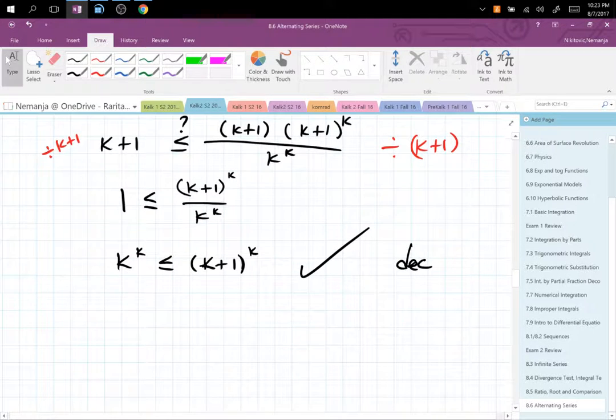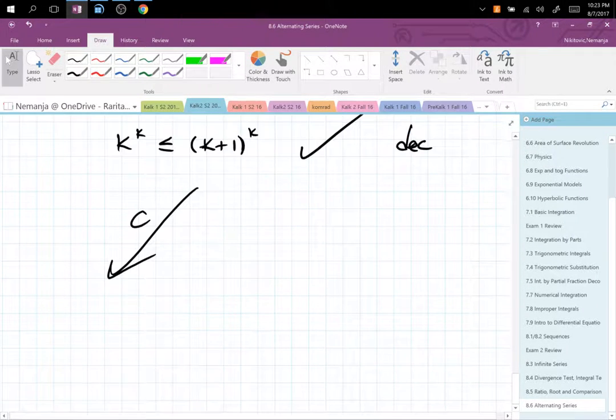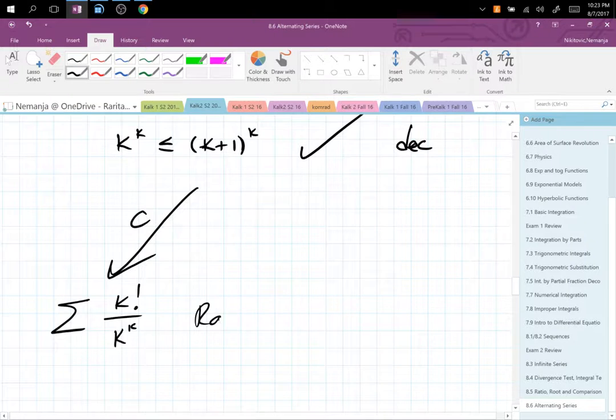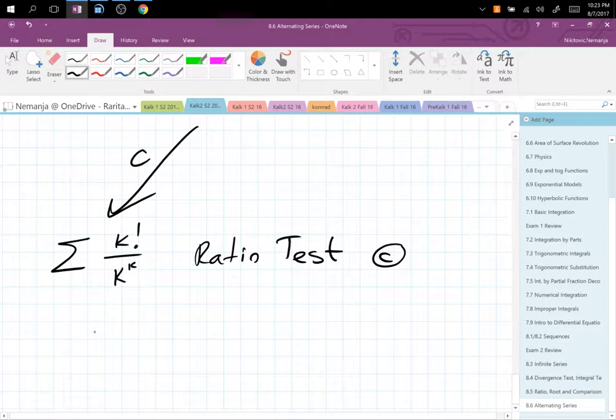We proved the limit. We are going down the convergence branch. We are supposed to look at k factorial over k to the k. We use the ratio test. In the interest of time, I will tell you it converges because I'm divine, and we are getting absolute convergence at the end.